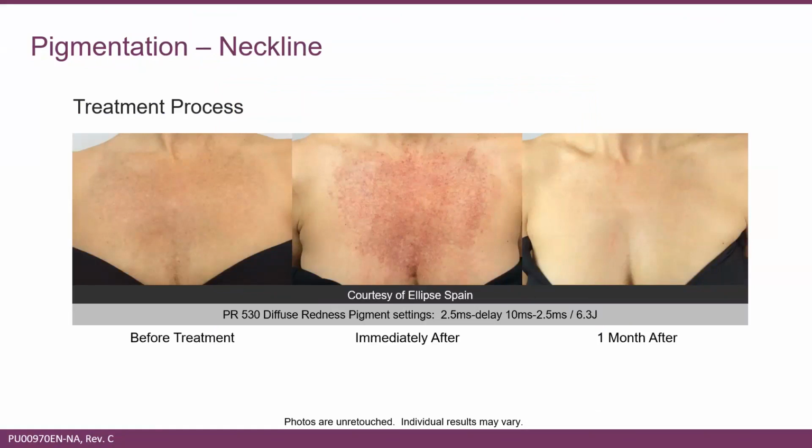And if you look at the settings used, it's a double pulse with a 10 millisecond delay between the 2 pulses. As you get more experienced and more comfortable using the system, you can then start changing these pulse durations and the delay between these 2 pulses.